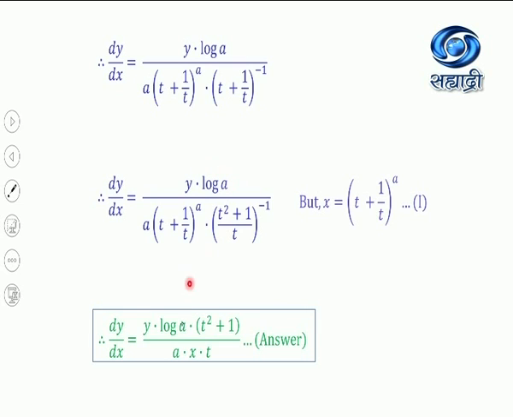We get y log a as it is, now a as it is, now this bracket equal to x, this is the given thing. And now this bracket raised to minus 1, take it in the numerator, the power becomes positive. So it becomes the numerator, then we write t square plus 1 upon t. And finally, this is our answer: y log a into t square plus 1 upon a into x into t.